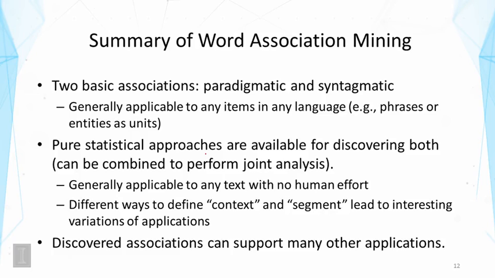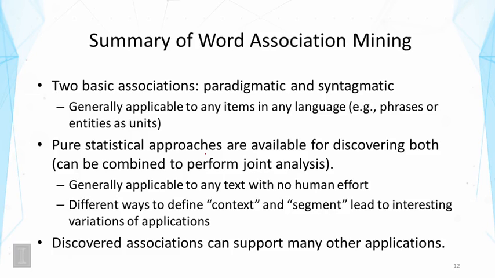We introduced multiple statistical approaches for discovering them, mainly showing that pure statistical approaches are feasible, are available for discovering both kinds of relations, and they can be combined to perform joint analysis as well. These approaches can be applied to any text with no human effort, mostly because they are based on counting of words. Yet they can actually discover interesting relations of words.